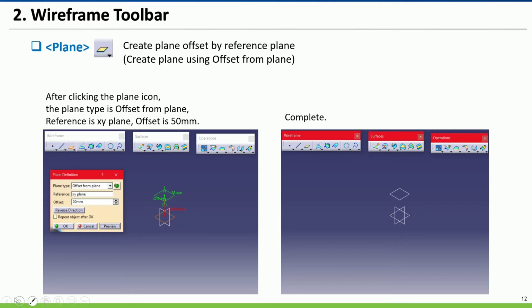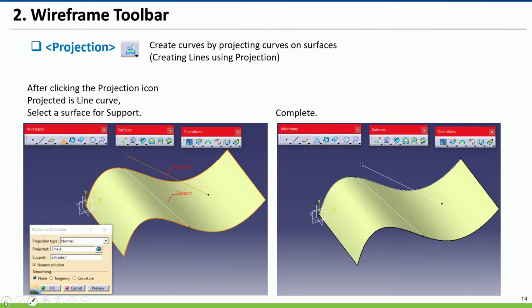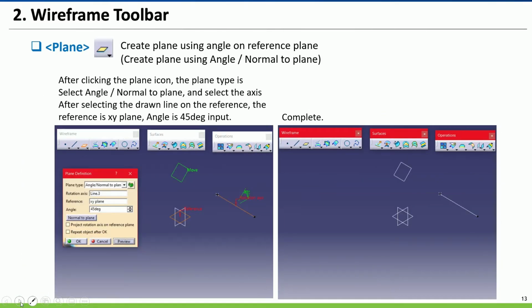I think you already know what this plane is. And another is using rotation. Okay, using rotation. In this case, I drew some kind of line here as reference, but I think it's not necessary.